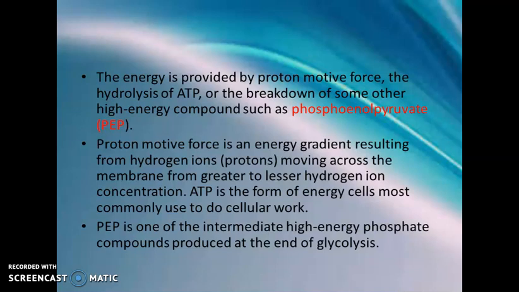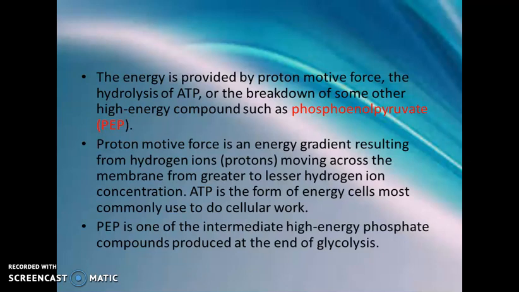Proton motive force is an energy gradient resulting from hydrogen ions or protons moving across the membrane from the greater to lesser hydrogen ion concentration. And ATP is the form of energy cells most commonly use to do cellular work.